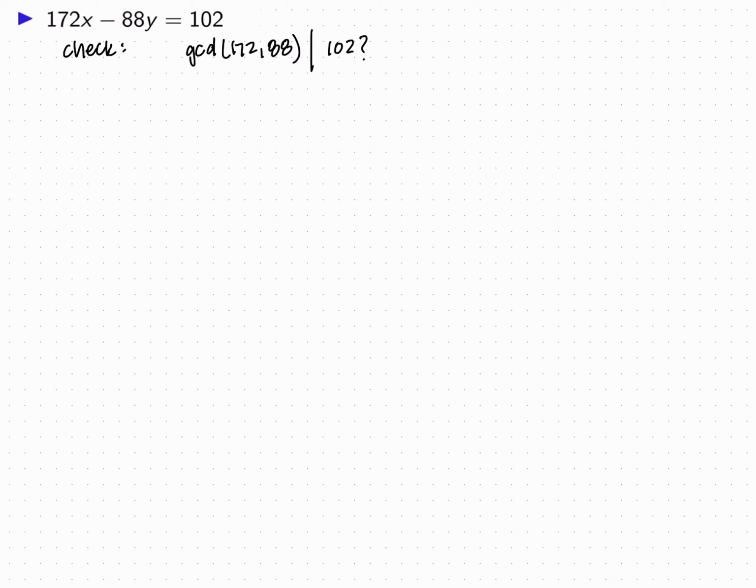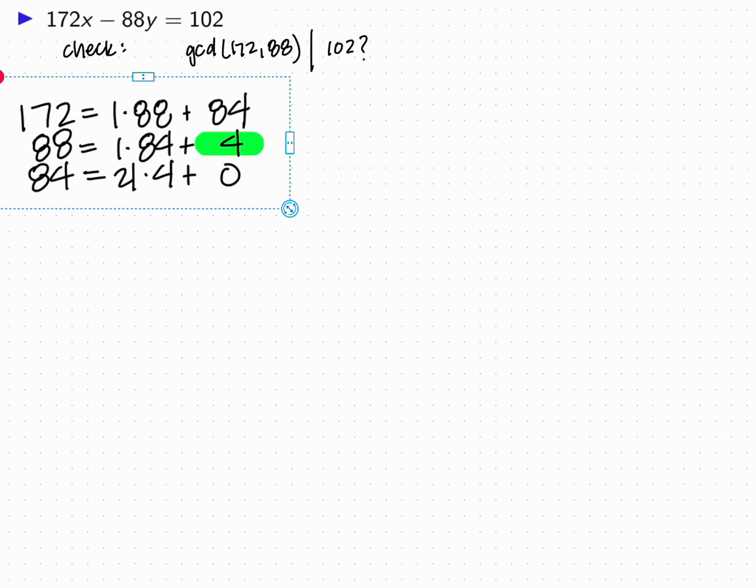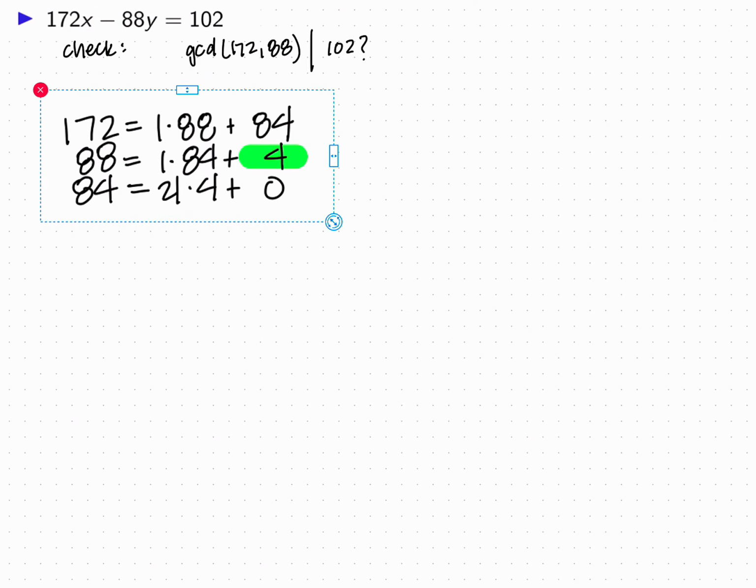So there's my question. That's what I'm trying to figure out. I've already done the GCD work using the Euclidean algorithm, so let's plug that in. Here is where I have done it. Turns out that the GCD is 4. So this is saying, does 4 divide 102? And the answer is no. So there is no integer solution here to this.